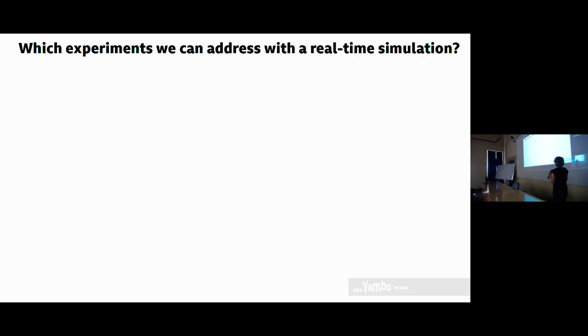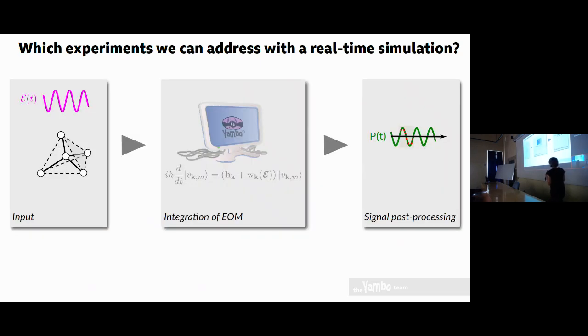So what are the experiments that we can address? If we look at how this works in big blocks, we have our equation of motion, and what we input is the system, which will be our density functional theory calculation, and the time-dependent field. Then there is the integration of the equation of motion, and we get the polarization.